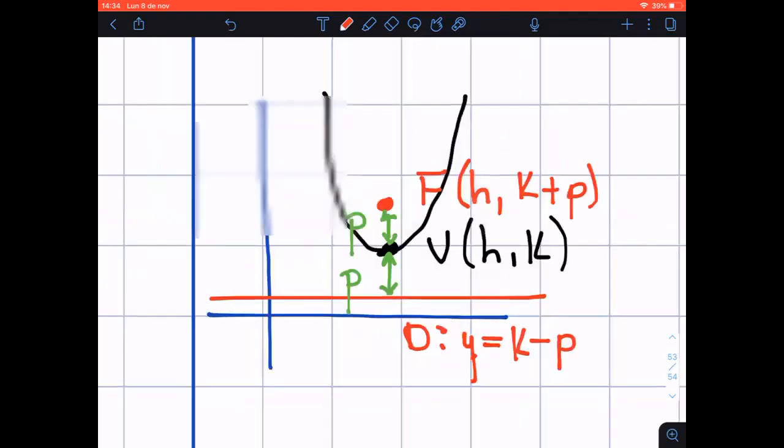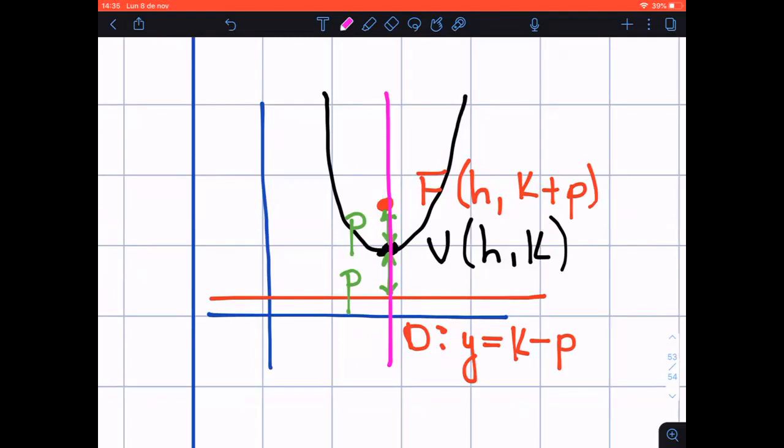Finally, what you have to remember here, guys, is that parabolas have also an axis of symmetry. There is a line that crosses in the middle of the parabola and that actually passes through the vertex and the focus.